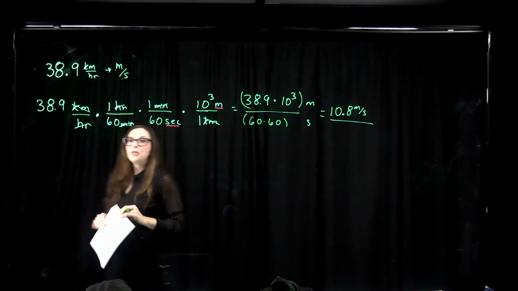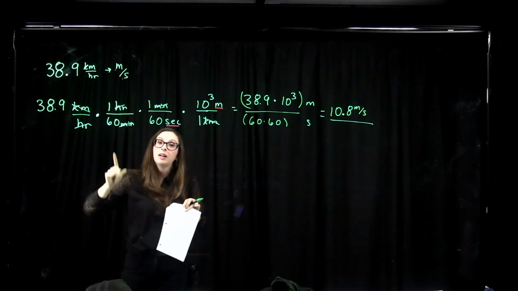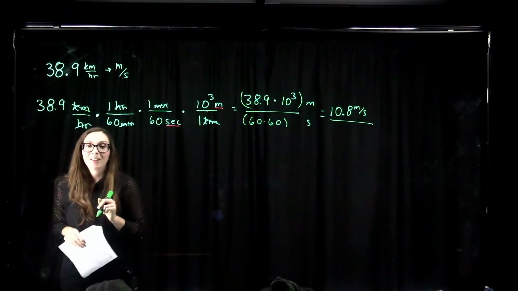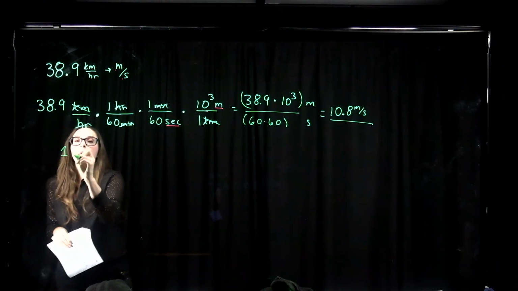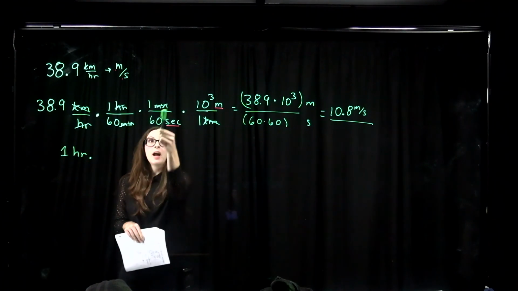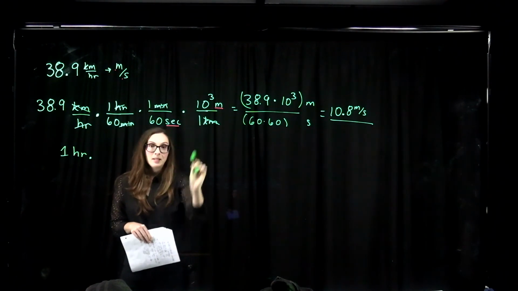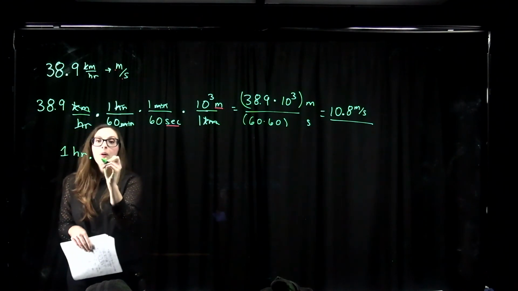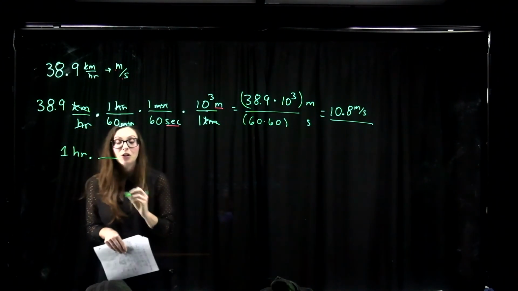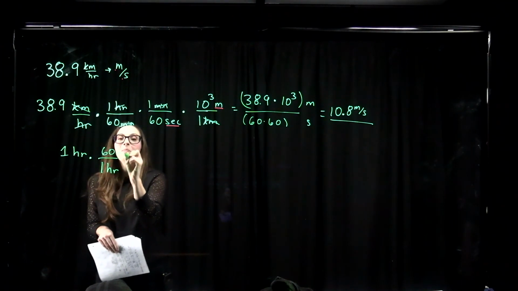Now, if you ever forget how many seconds there are in an hour, I'll quickly show you how you can get that. So if we start with 1 hour, and we want to get to how many seconds there are in an hour, we can do what we just did up here with the hours to minutes, minutes to seconds. So in 1 hour, I can multiply that by a conversion factor where I know that in 1 hour, there are 60 minutes.